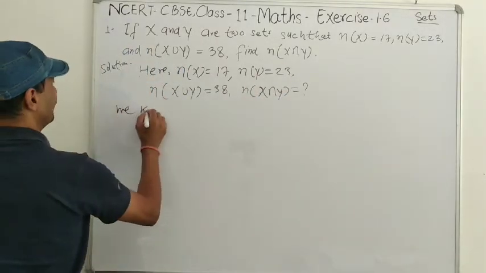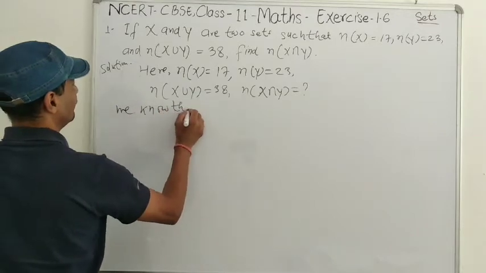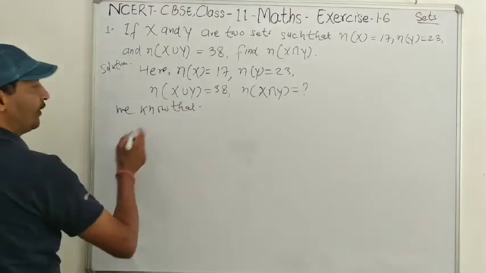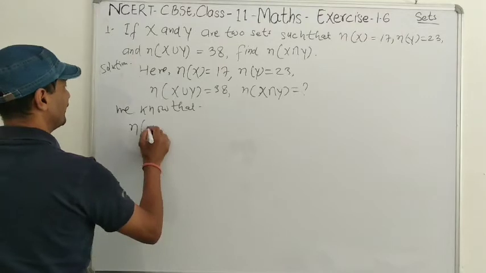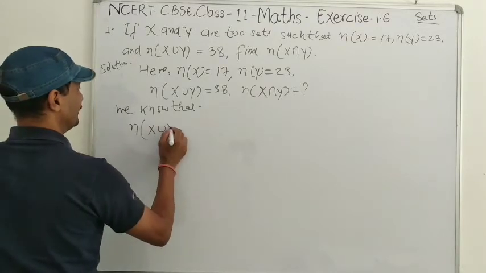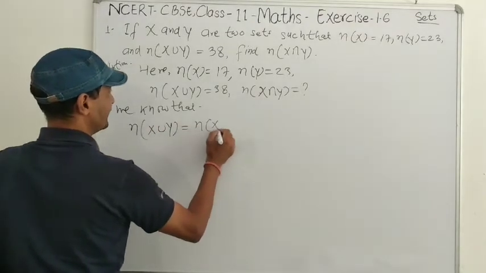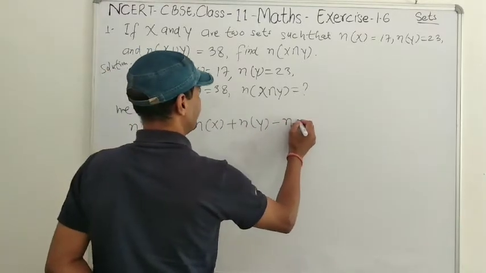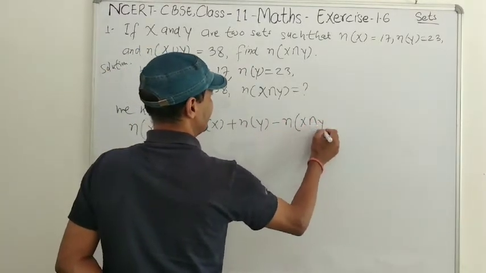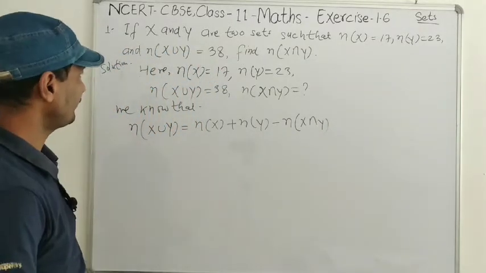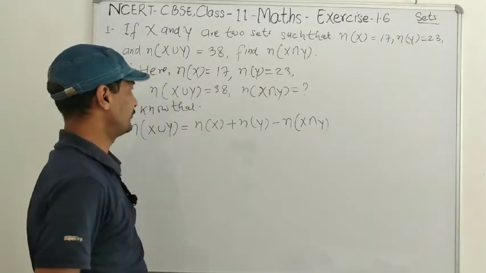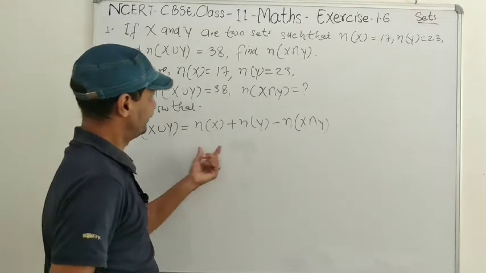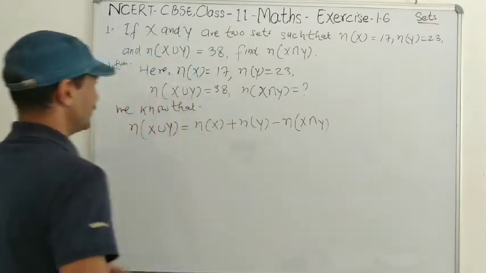We know the formula: n(X union Y) equal to n(X) plus n(Y) minus n(X intersection Y). With the help of this formula, if three terms are given, we can find out the fourth term.